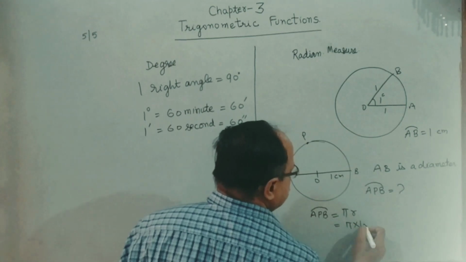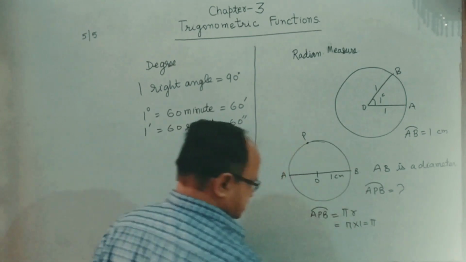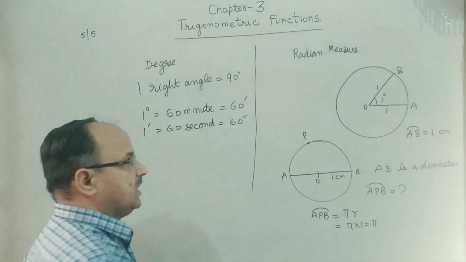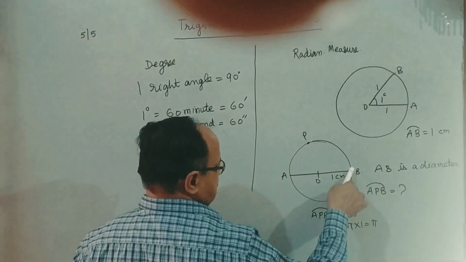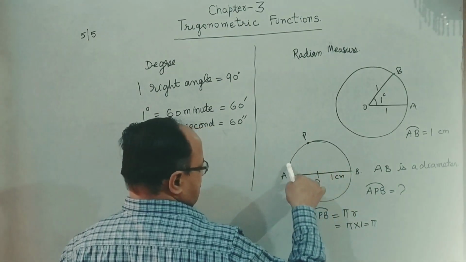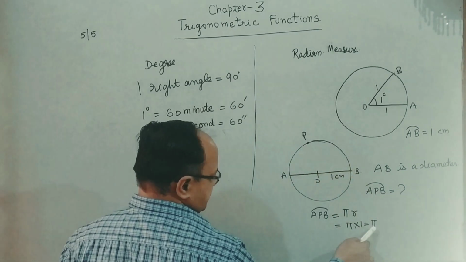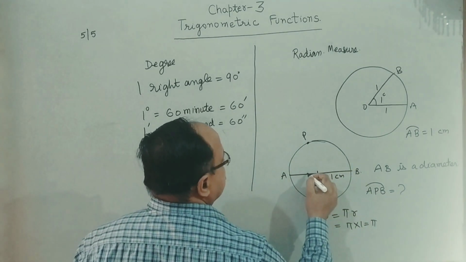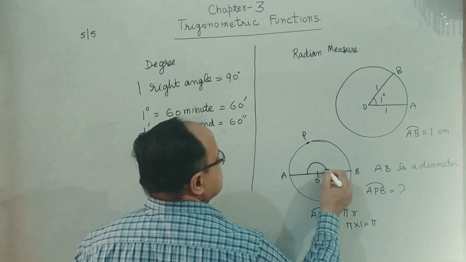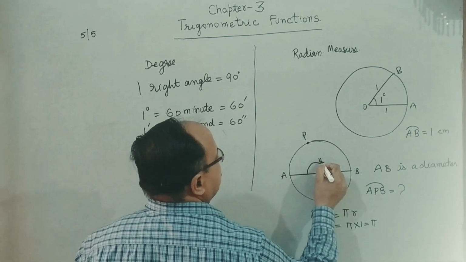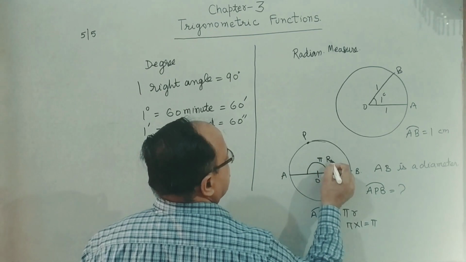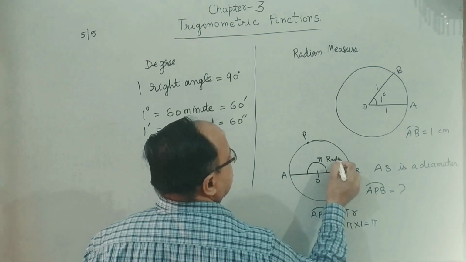So pi into 1, that is pi. It means the length of this arc is pi. And it means this arc subtends pi radian.